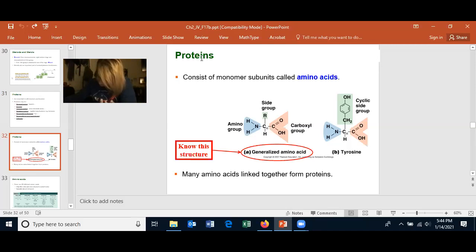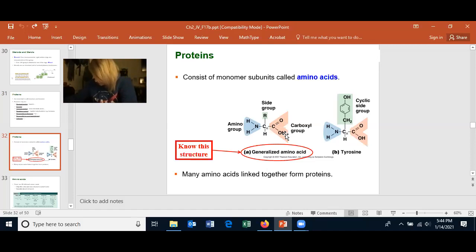Proteins are made of amino acids, and amino acids all have this generalized structure. There's a central carbon in the amino acid. A hydrogen is bound to that central carbon, and then on one side of that carbon we have an amino group, that's NH2 right here, and on the other side of that central carbon there's a carboxyl group, a COOH group.